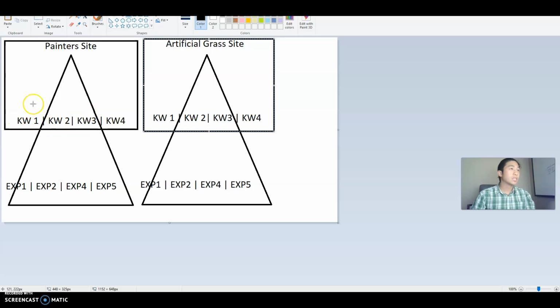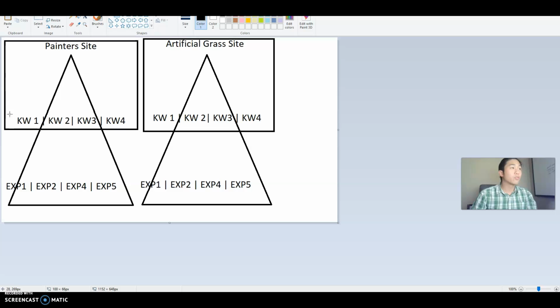And then each one of these lines, each one of them will have certain expanded keywords, right?